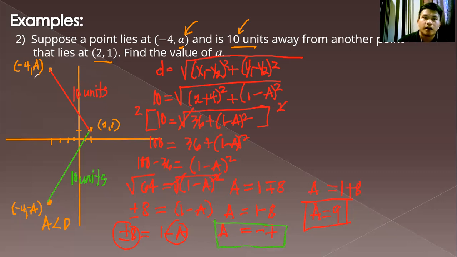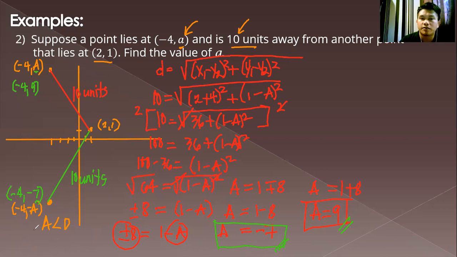If we take positive 9, ito yon: that would be (-4, 9), because in the second quadrant our second coordinate will be positive. Kapag tinake natin yung negative 7, nandito yon: that will be (-4, -7), because the point with negative 7 as second coordinate is found in the third quadrant.